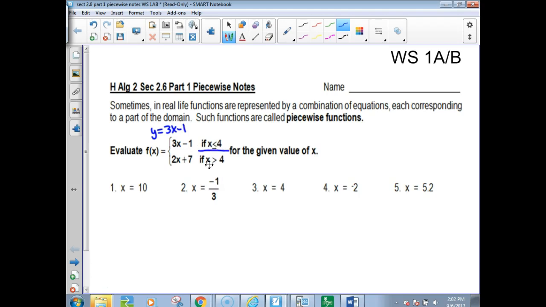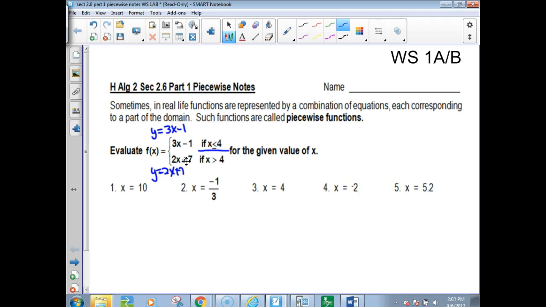Then y is equal to 2x plus 7 for values of x greater than 4. So what we're going to do first is learn to evaluate using this function rule. For values of x less than or equal to 4, you use the top equation. For values of x bigger than 4, you plug it into the bottom equation.